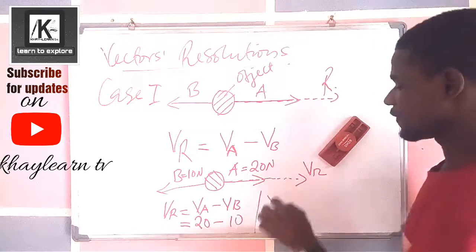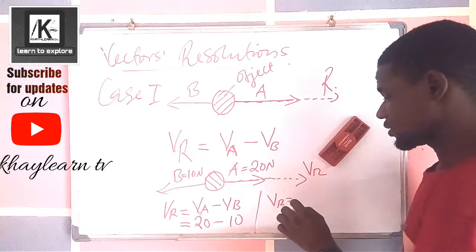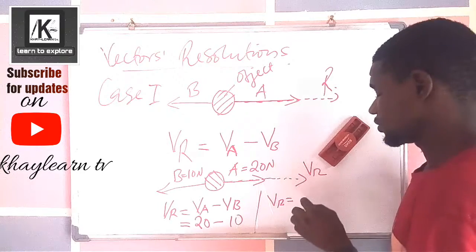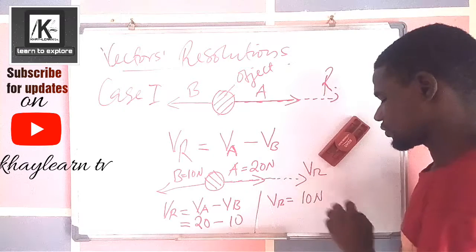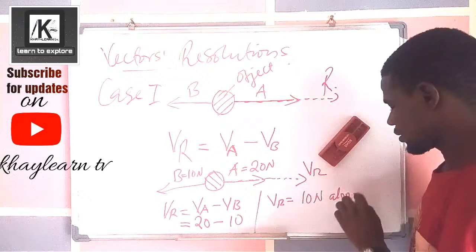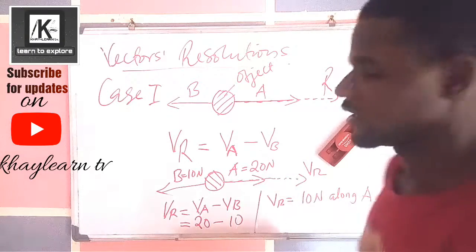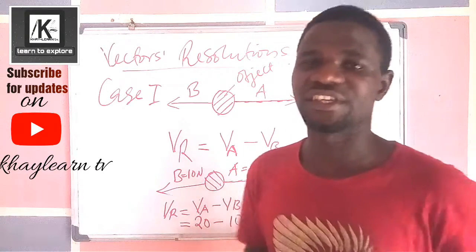Automatically, we are going to have our VR equal to 20 minus 10, which is just 10 Newton along A. So this is how case 1 is treated.